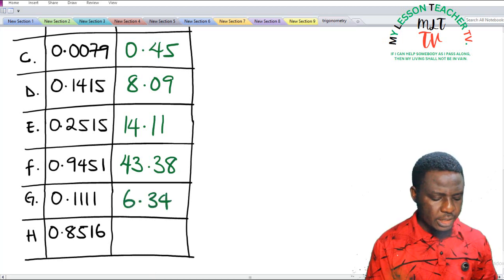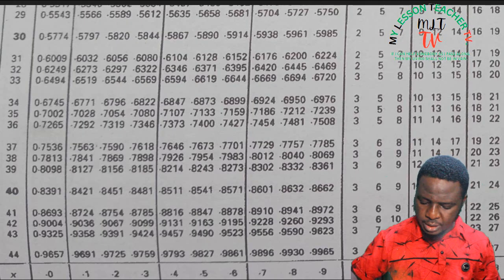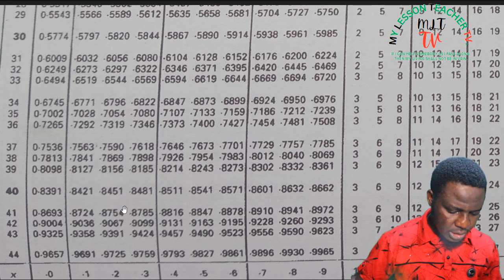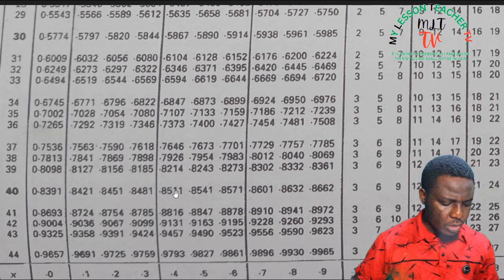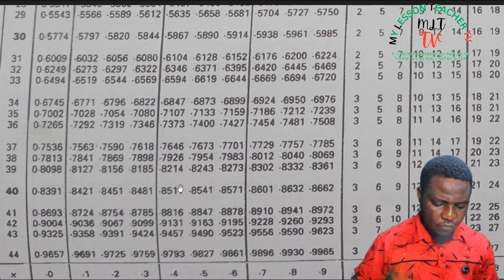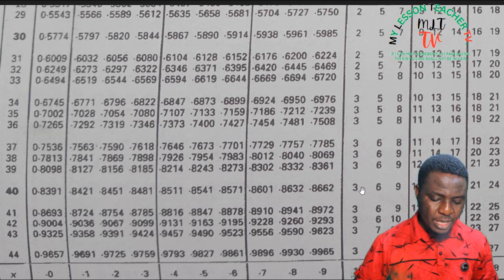The next is 0.8516, and 85 under 6. We have 0.8511, and that can be found under 40 under 4. Then we need a difference of 5 to make it 16, but there's no difference of 5, so we shall pick the closest number, which will be 0.8514, and that comes under difference 1.